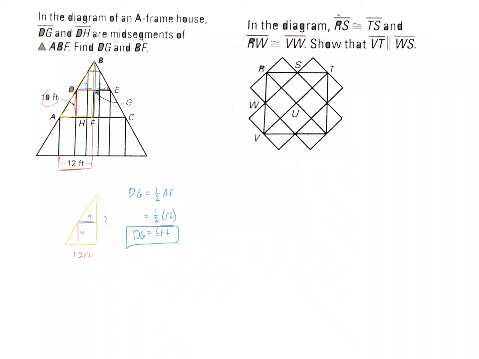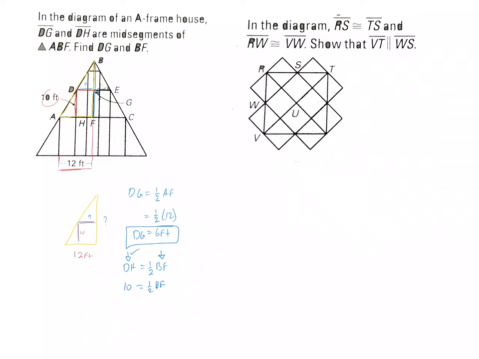Now, I can apply that same rule here. I know DH, that's this one right here, is equal to 1/2 of BF. Problem is now I'm looking for this BF and I have the DH. So I know 10 is equal to 1/2 of BF, which is what I'm looking for.